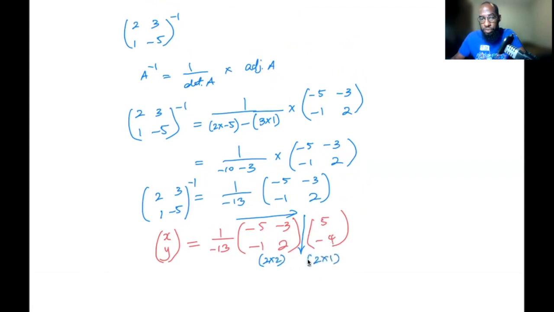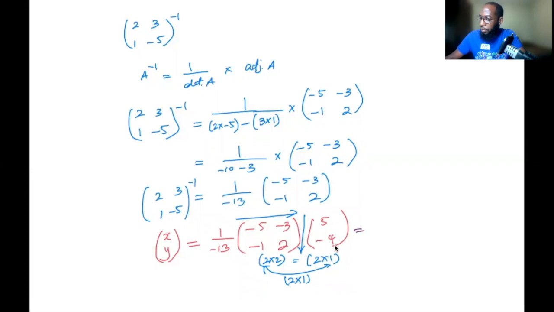So we see these two numbers here are the same. The result will be a 2 by 1. So the result, when you multiply these two matrices, you will get 2 by 1. All right. So let's go. First with first, second with second.